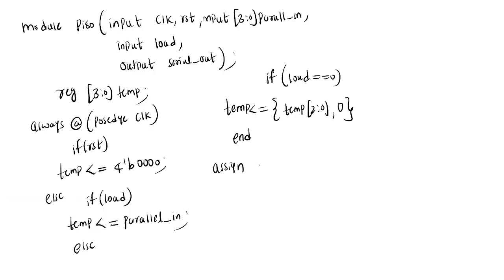Serial out equal to temp[3], and end module. Did you understand this code? So this is the Verilog code for PISO, parallel in serial out. Are there any doubts or queries in this?